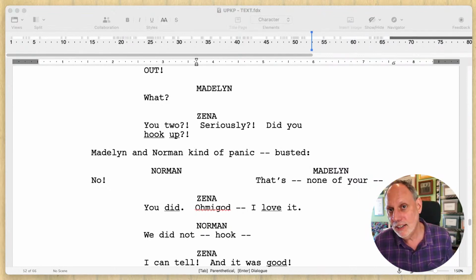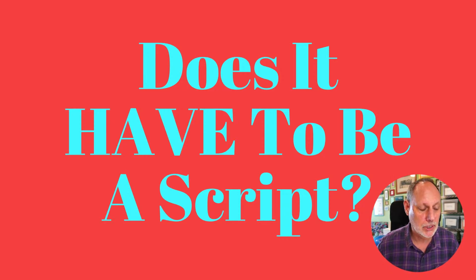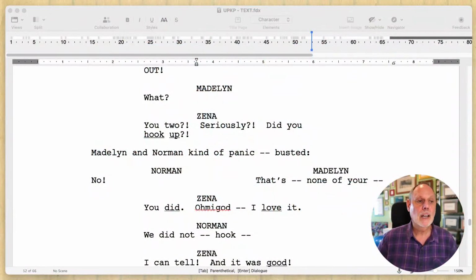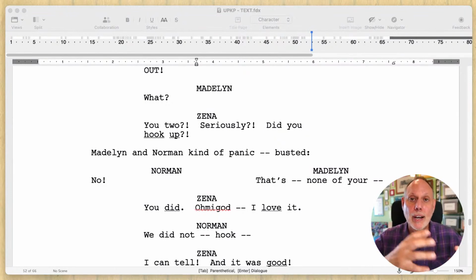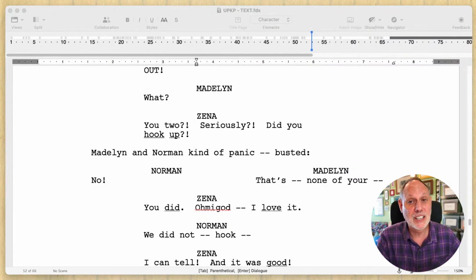I often ask you to think, does it have to be a script? Because if you can write any other form, a graphic novel, a play, a radio, like anything that doesn't require hundreds of people and millions of dollars to make, or even if you make it for $300 and then you put it out there, it still requires millions of dollars to publicize.